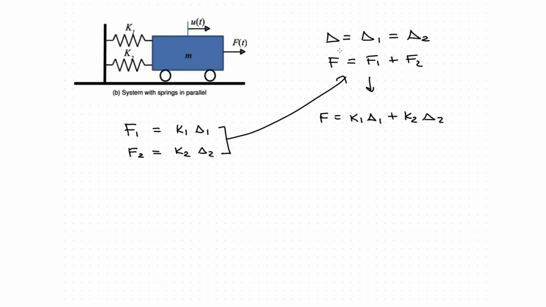Which is the same as K1 plus K2 multiplied by delta, since both springs experience the same elongation. Finally, the equivalent stiffness of two springs acting in parallel is found by adding their corresponding stiffnesses.